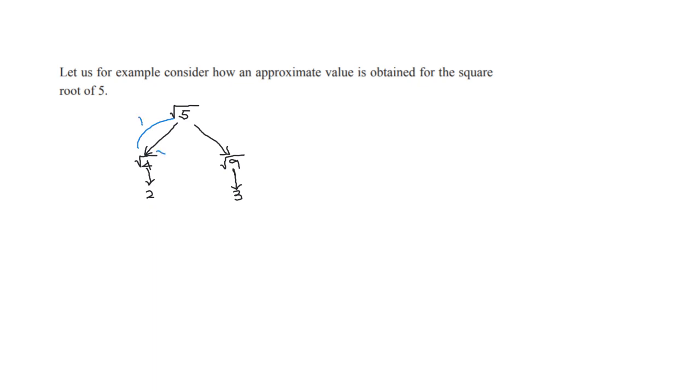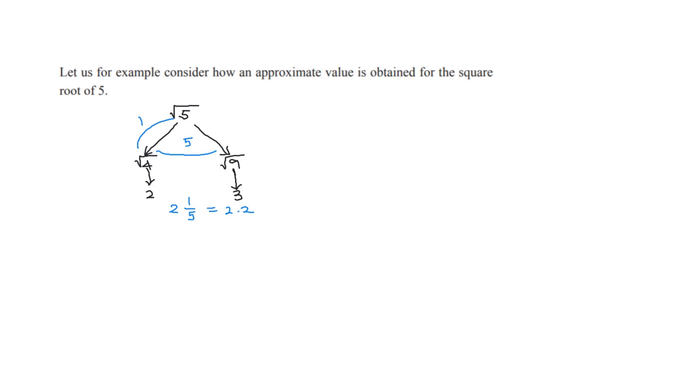And this gap, 4 and 9, equal to 5. Then we write as a fraction. Our answer will be in 2 point something. We write 1 over 5, which is equal to 0.2, so 2.2.